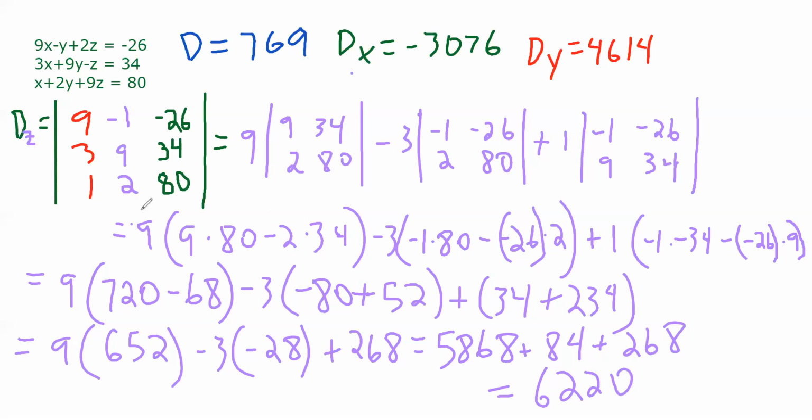And if y'all spot one, then of course, please let me know. 9 times 80 minus 2 times 81 minus 3 times negative 1 times 80 minus negative 26 times 2 plus 1 times negative 1 times, made a very slight error. This was positive 34. I don't know why I put negative 34.